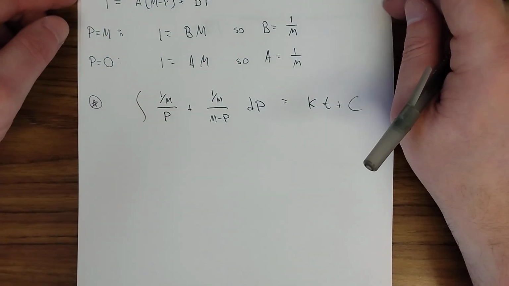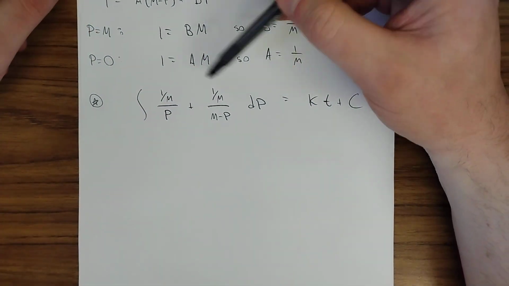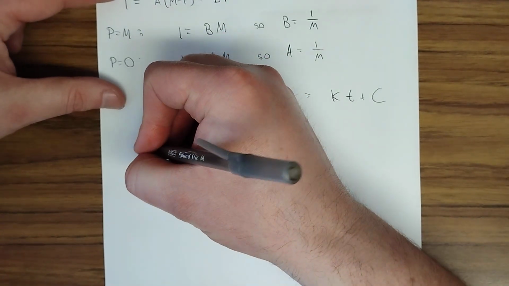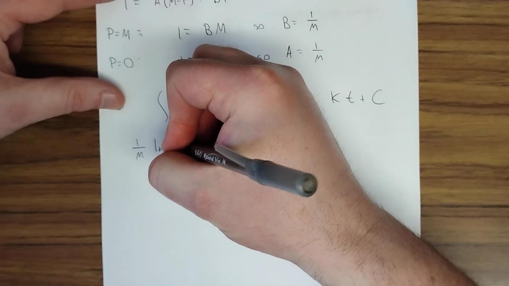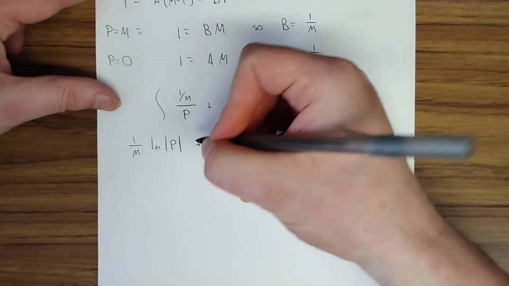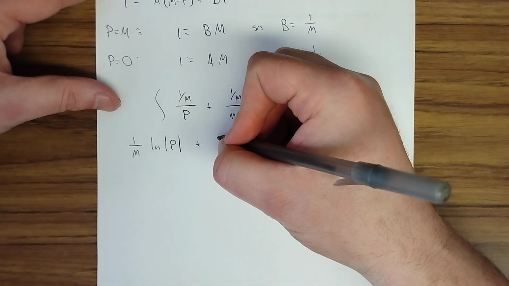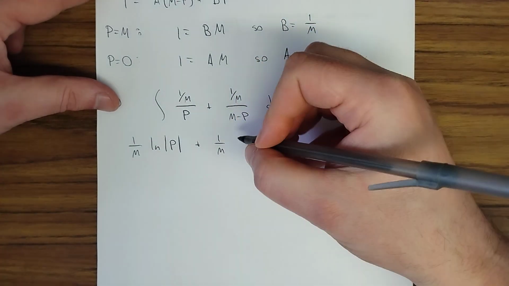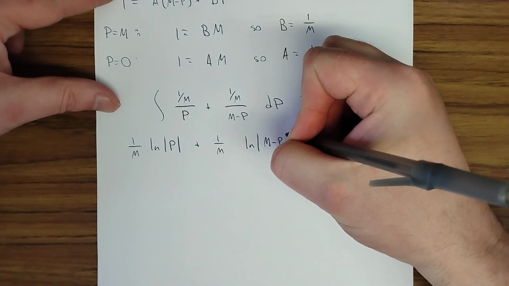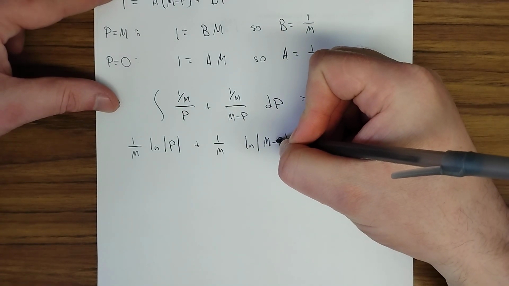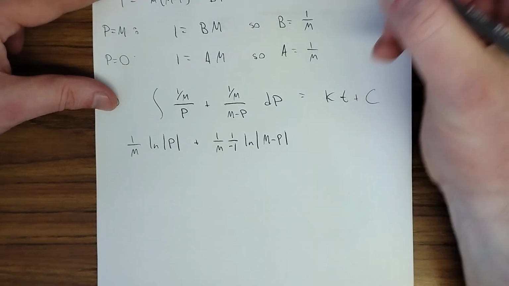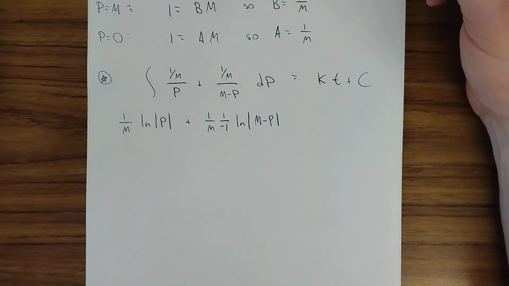Okay, here we go. So this is an integral with respect to p, and m is a constant. So this one is easy. This is just 1 over m, natural log absolute value of p. And this is 1 over m, natural log absolute value m minus p, but because we have this minus in front of the p, I could just stick a minus sign in front of the whole thing.